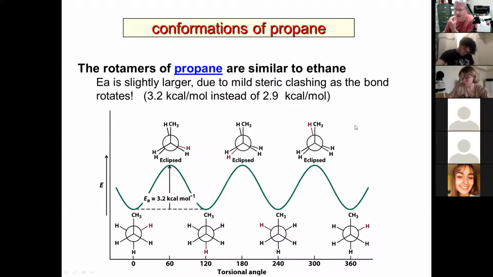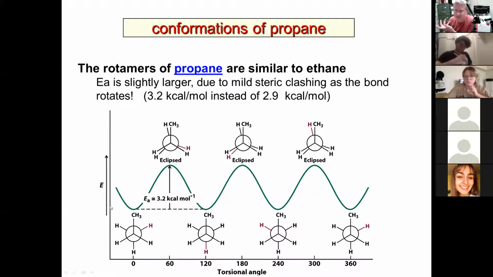Now propane. Okay, so all we did is we added an extra carbon. The rotamers of propane are very similar to ethane. If you look at it, the bottom is also staggered, and it goes eclipsed, staggered, eclipsed, staggered, eclipsed, staggered.